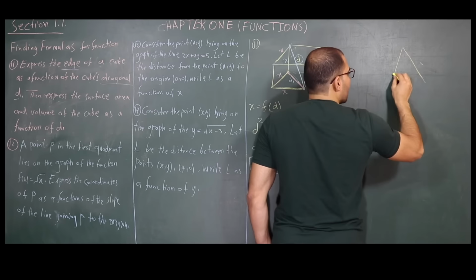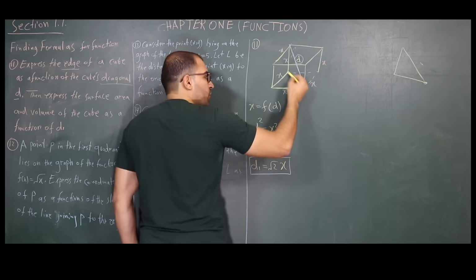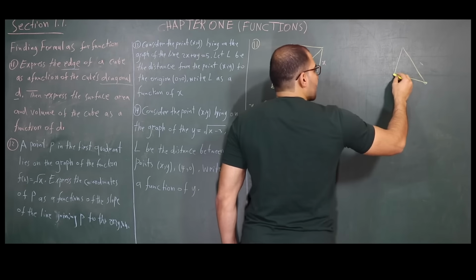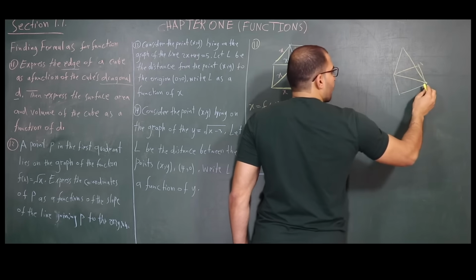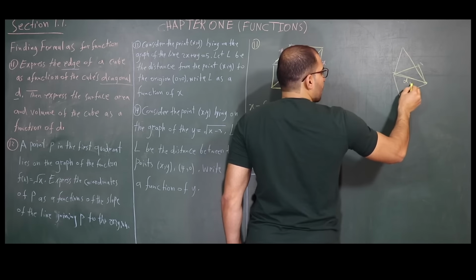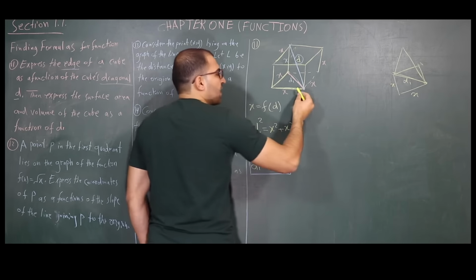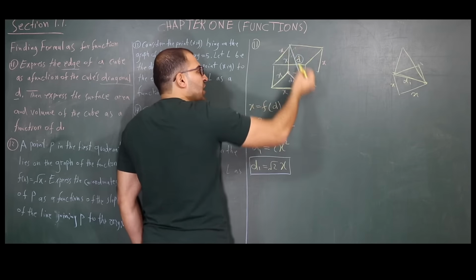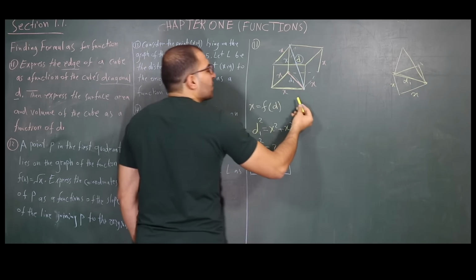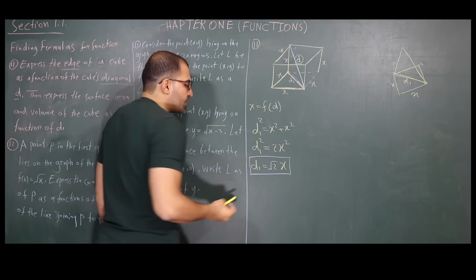My problem is that the base line is already a diagonal of a square. So first I found d1, the diagonal of the base, and then I'm going to use this d1 to find a relation that assigns d1 to d and to x.